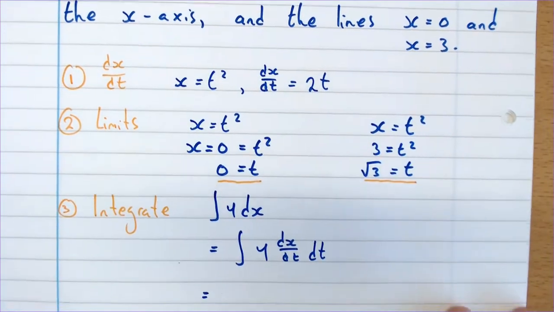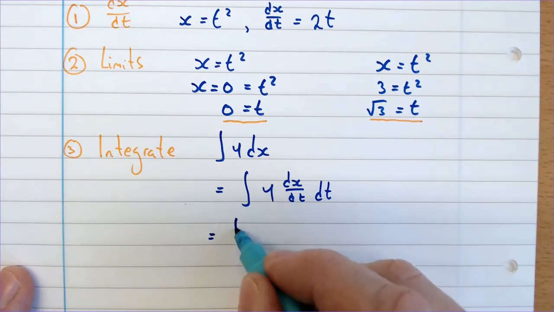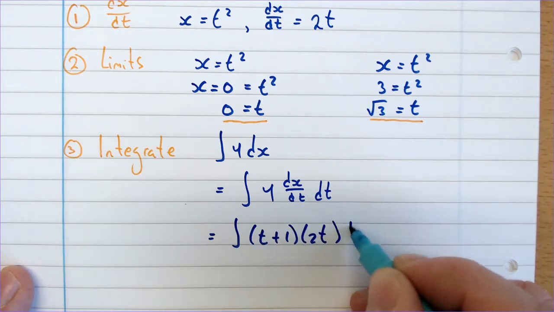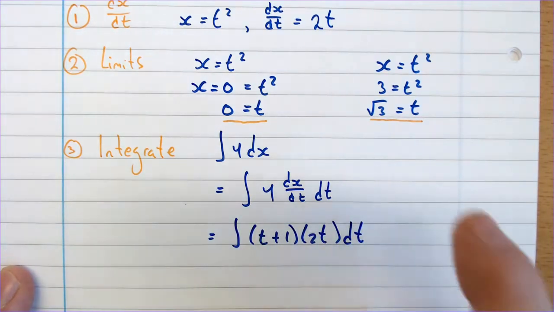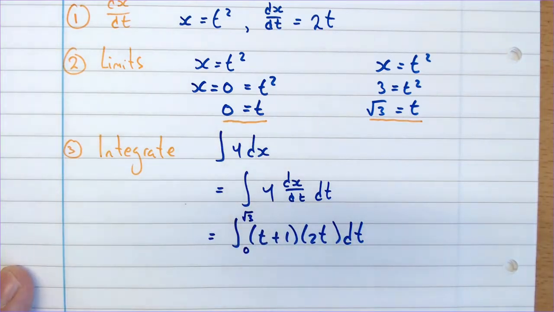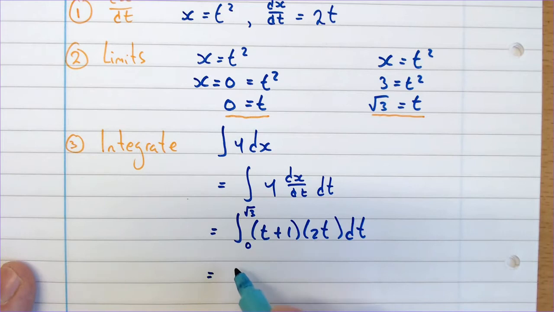I know my dx/dt is 2t. So I'm going to integrate between t plus 1 times 2t. That's y dx/dt. And I'm using my limits, root 3 and 0. Biggest one on the top, smallest one on the bottom. After that, it's very straightforward. Multiply your brackets out. t plus 1 times 2t should be 2t squared plus 2t.